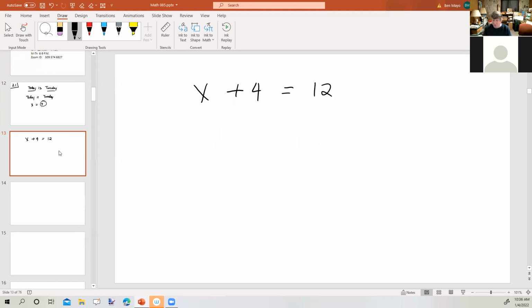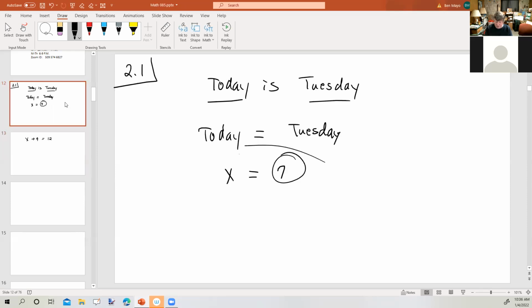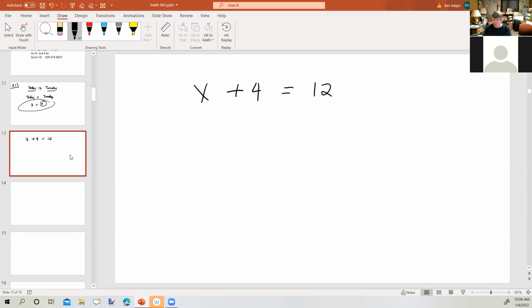But if we could get one side of the equation to just be x, like it was in this scenario, then we would know what x was equal to. But we've got x plus 4 equals 12. So what we need to do is subtract 4 from the left side of the equation so that the 4 and the minus 4 will cancel and we'll have x by itself.